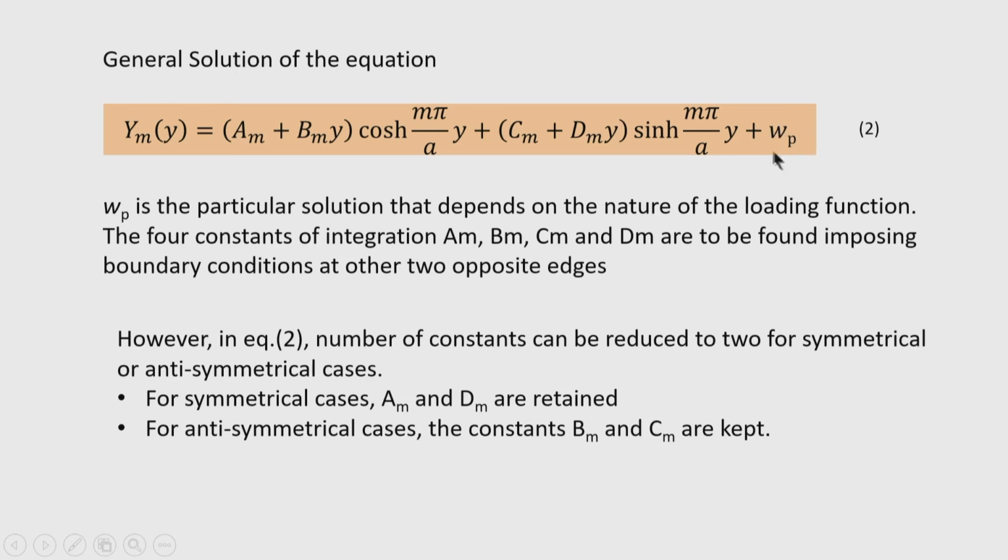That integral is to be found considering the forcing function on the right hand side. If there is no force load acting on the plate, then this function will be 0.